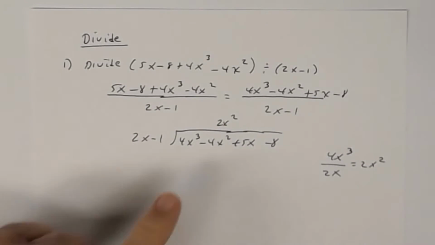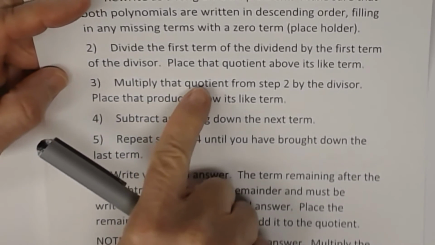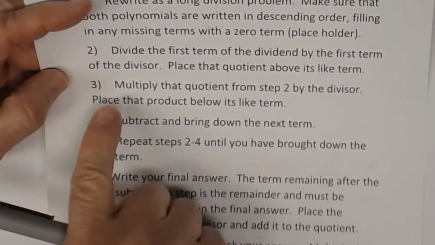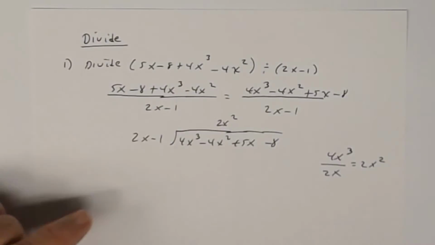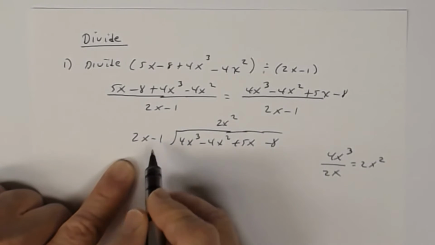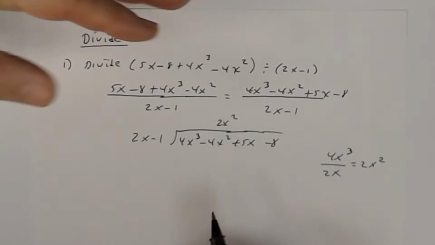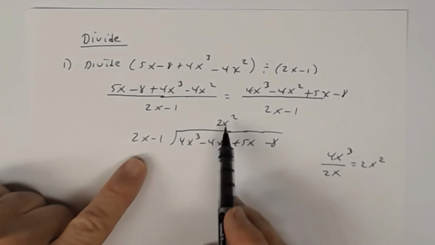All right, now once you find that, the next step is to multiply that quotient by the divisor. So you're going to say 2x squared times the divisor. Some of you can do this mentally, and that's great. Some of you may need to write it down.